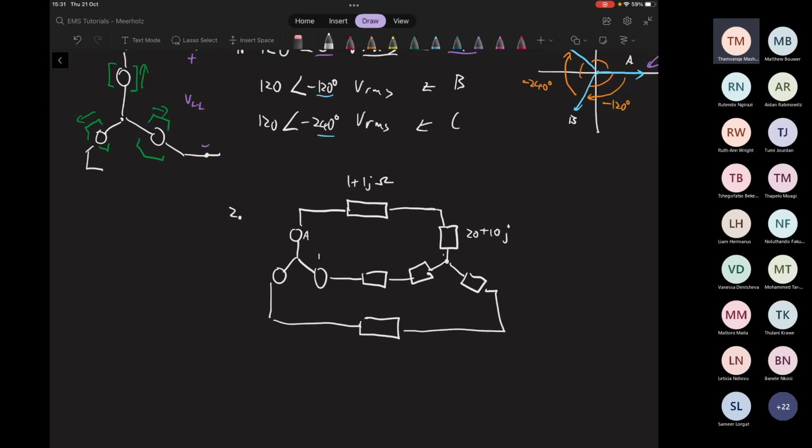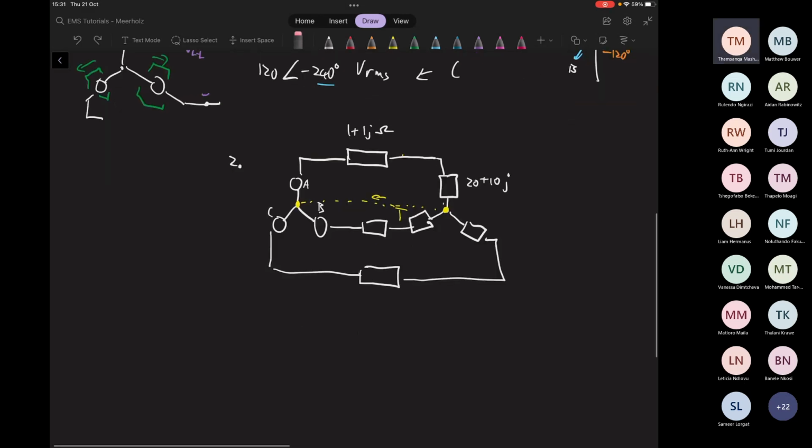We can call this phase A, phase B, phase C. We also have this common point, which is a neutral. Theoretically you don't need this line, but if there are imbalances, current does flow down here. Primarily it flows between the lines when being transported.